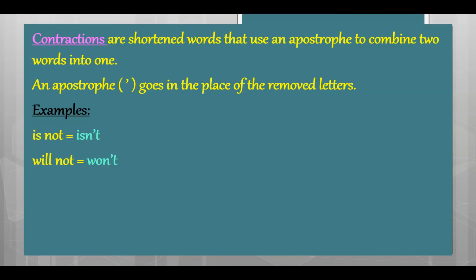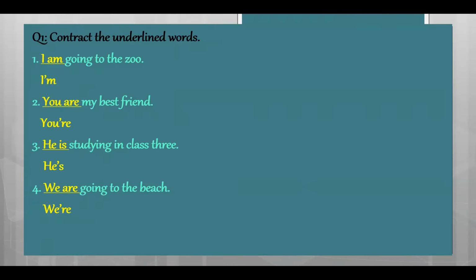Okay, some examples are is not and will not. Okay, these are full forms. And the short form of is not is isn't, will not, won't. Okay, see your homework. Question number 1 is contract the underlined words.